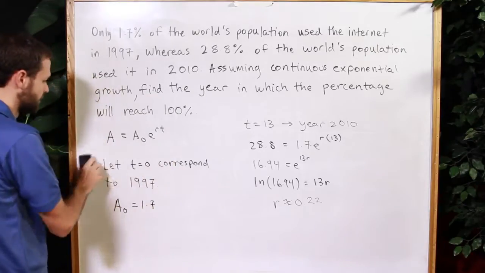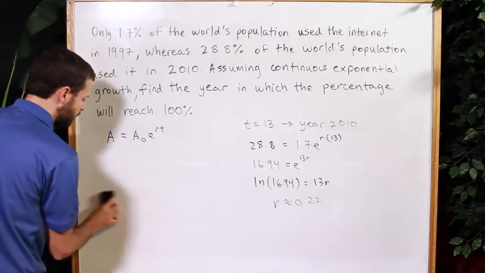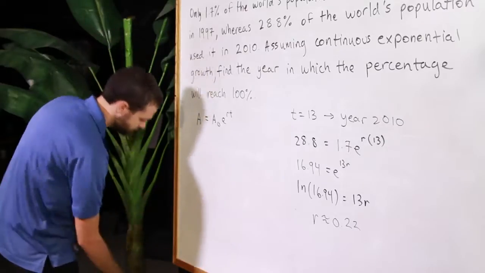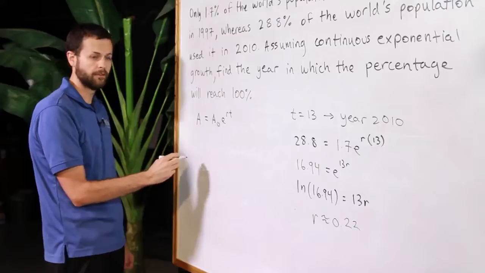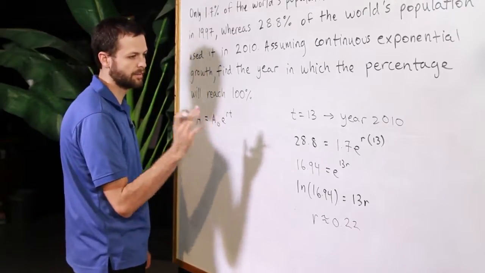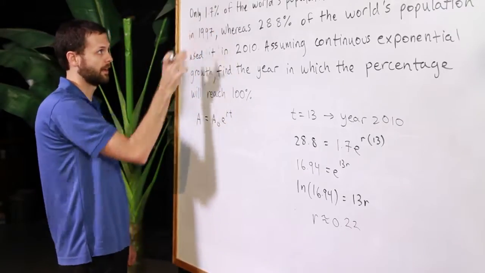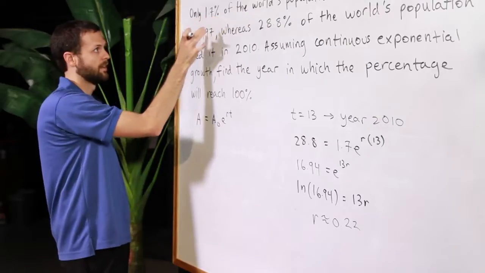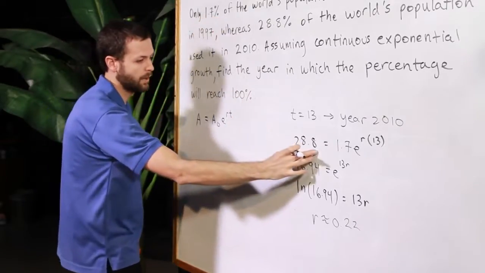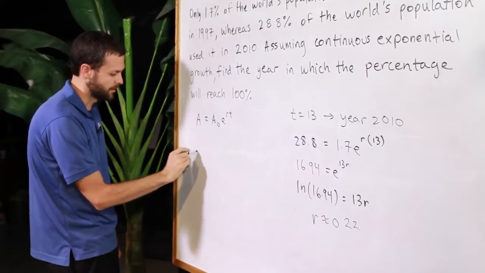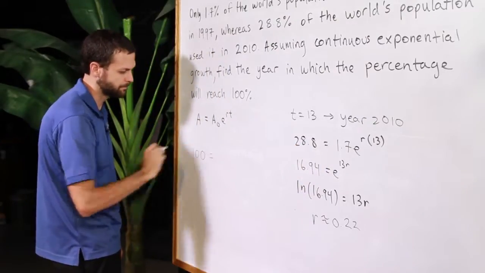I'll leave this equation up so that we know what model to follow. Now the population in the final year will be 100%. Since I was dealing with 1.7%, I remember I said keep in mind what you're dealing with, since we had 1.7 and 28.8, I want to put 100 here as opposed to 1.